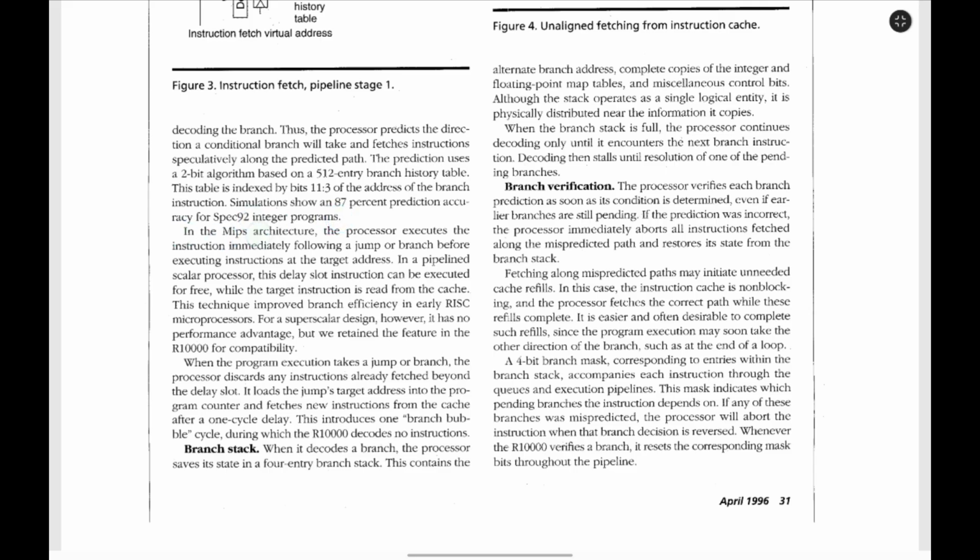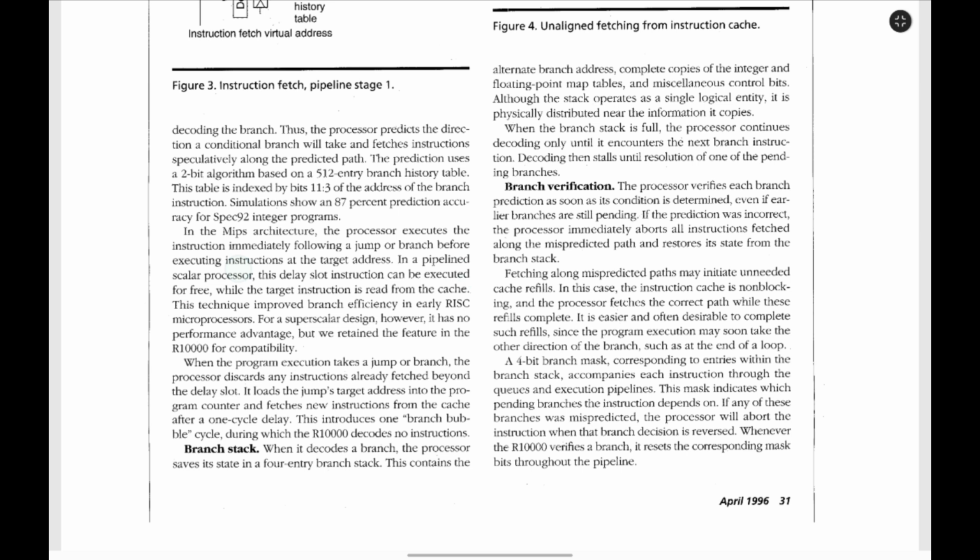In the MIPS architecture, the processor executes the instruction immediately following a jump or a branch before executing instructions at the target address. In a pipelined scalar processor, in this delay slot instructions can be executed for free while the target instruction is read from the cache.